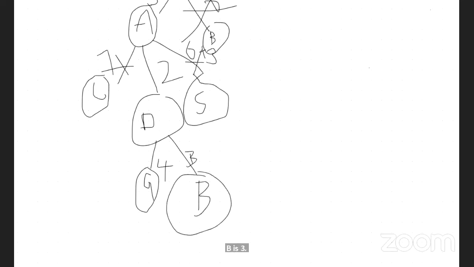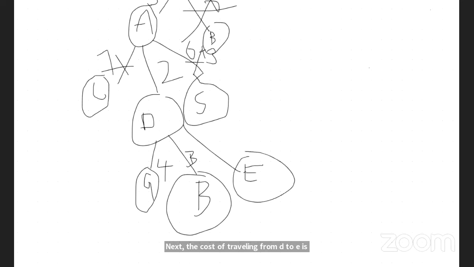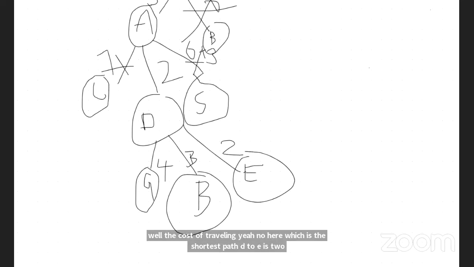Next, the cost of traveling from D to E is 2. Now here, which is the shortest path? D to E is 2. But see the path from E here. From E you go again to B, and again from B to D, D to G. So this is not possible.